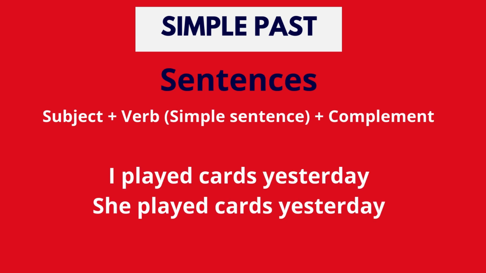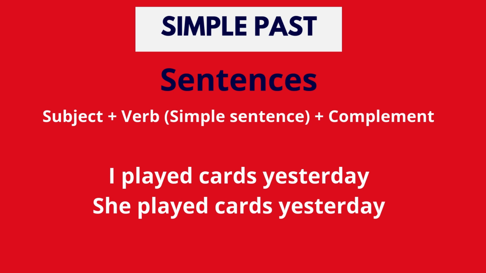Now, what about the structure? The structure is super easy and super simple. It's similar to any other structure we already saw in classes. You have to write the subject, then the verb in simple past, and then a complement. You can write any complement but it must be coherent with the rest of the sentence.